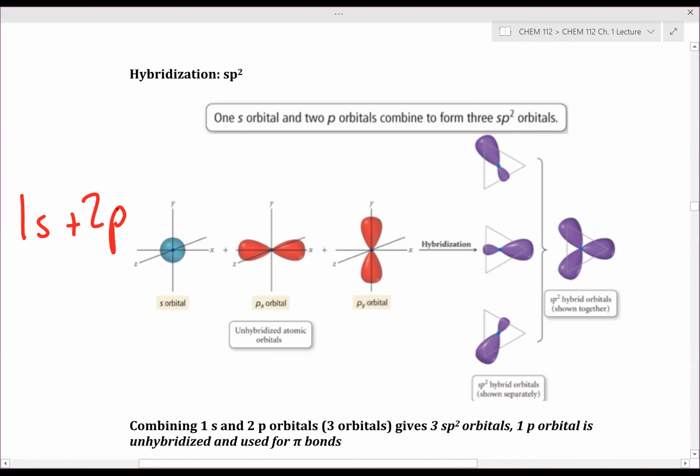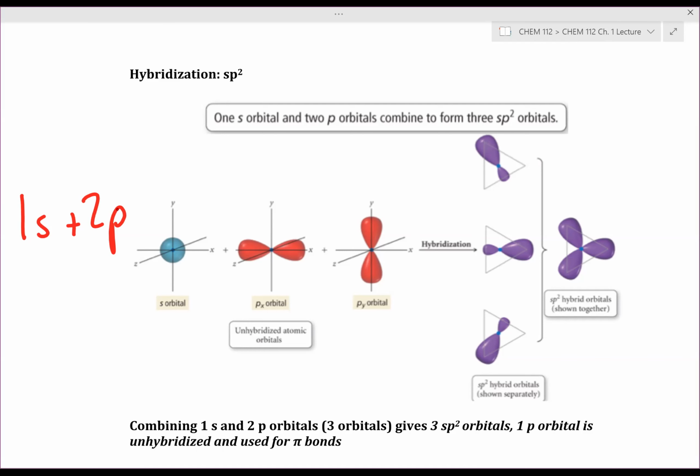Okay. Since we put 3 orbitals into this hybridization process, how many orbitals do we get out? 3. Now, I'm going to draw something that we are missing here. What is missing? Is there an orbital that's sitting around that we have not used in this process?